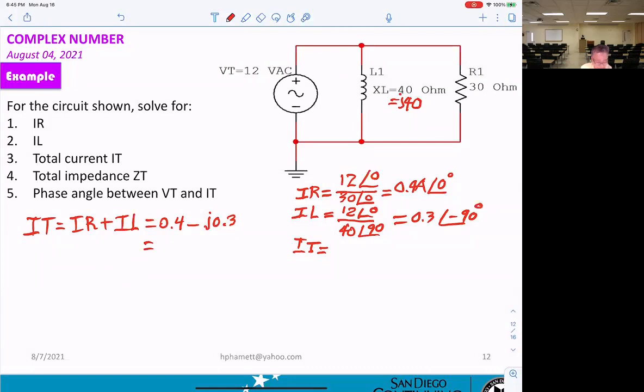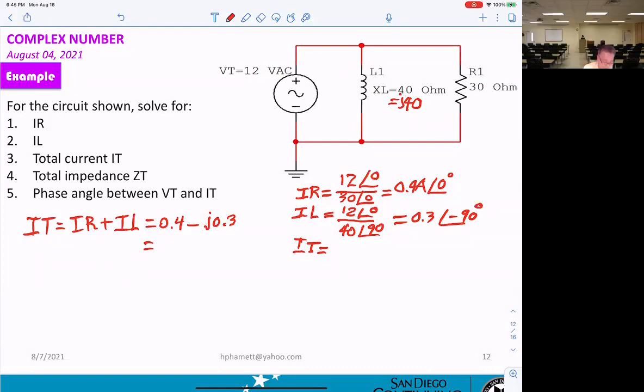You have to convert 0.4 minus J0.3 to polar.